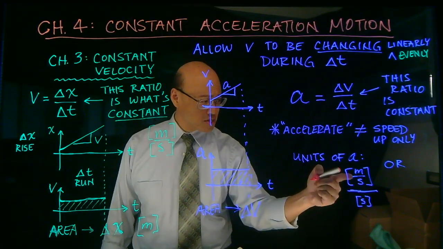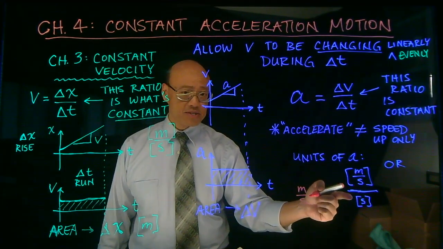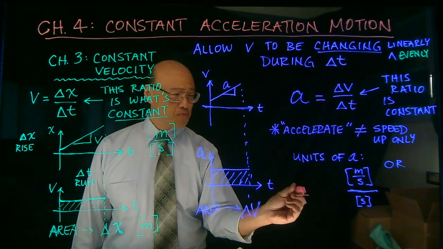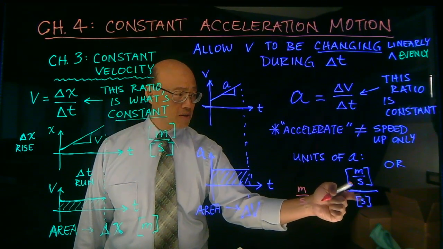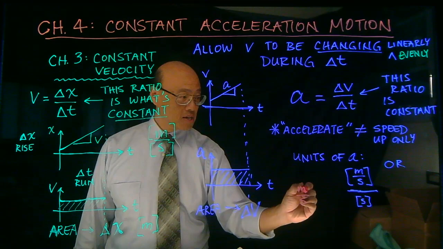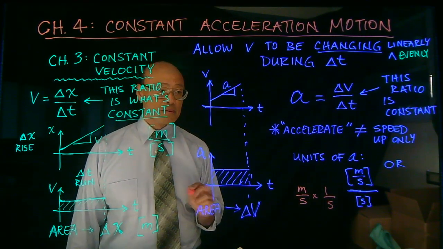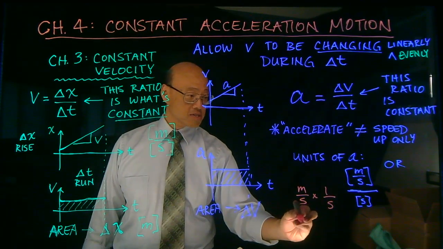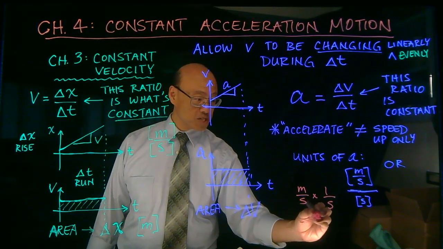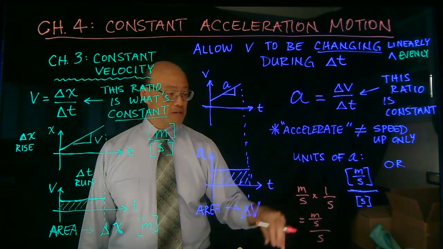This is a meter per second, but I'm dividing by seconds. So you should realize mathematically, with that seconds in the denominator in this big fraction, it's like I'm multiplying by 1 over seconds, right? Meters per second times 1 over seconds. That thing is the same as taking meters per second and dividing by seconds. So that's what that is.